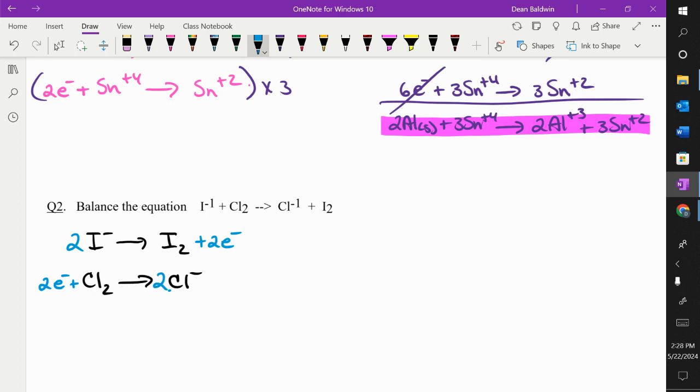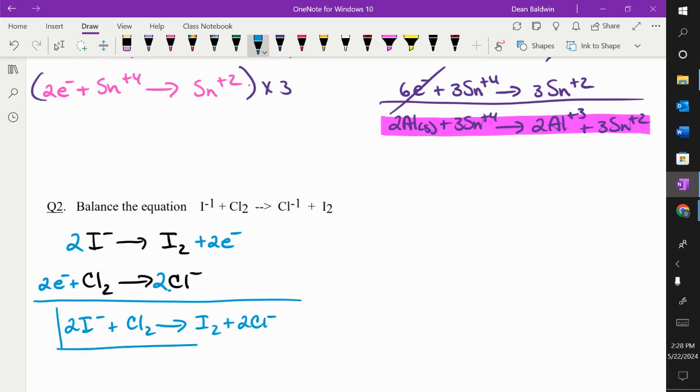Then you make sure the electrons will cancel. Will the electrons cancel? They do. So then we can just add them together. And that's it.